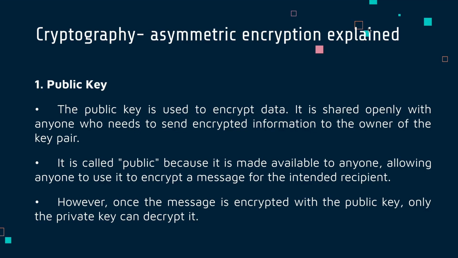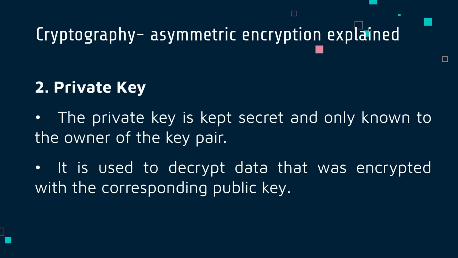It is openly shared with anyone who needs to send the encrypted data to the owner of the key pair. It's called public because it's made available to anyone, allowing anyone to encrypt a message with it. However, once the message is encrypted with the public key, only the private key can decrypt it. The private key is kept secret. It's only known to the owner of the key pair. It's used to decrypt data that was encrypted with the public key.